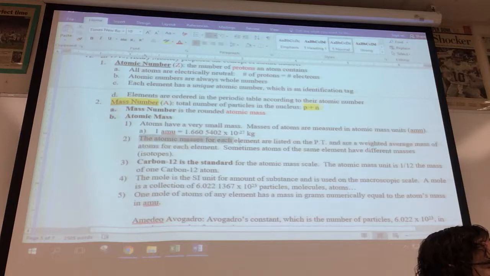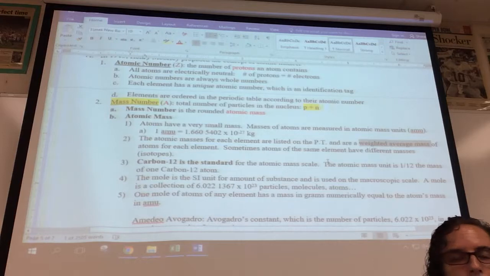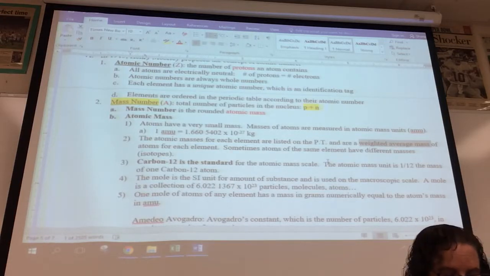The atomic masses that are listed on the periodic table are actually weighted average atomic masses. Many different isotopes exist for each element.